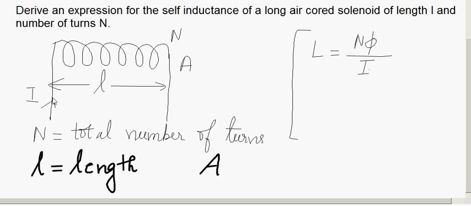If you supply a current I through this coil, now what will happen? You know, when a current flows through a solenoid, it sets up a uniform magnetic field, right? And the field is given by B is mu naught n I. The solenoid will act as a magnet. One side will be north pole, the other end will be south pole.